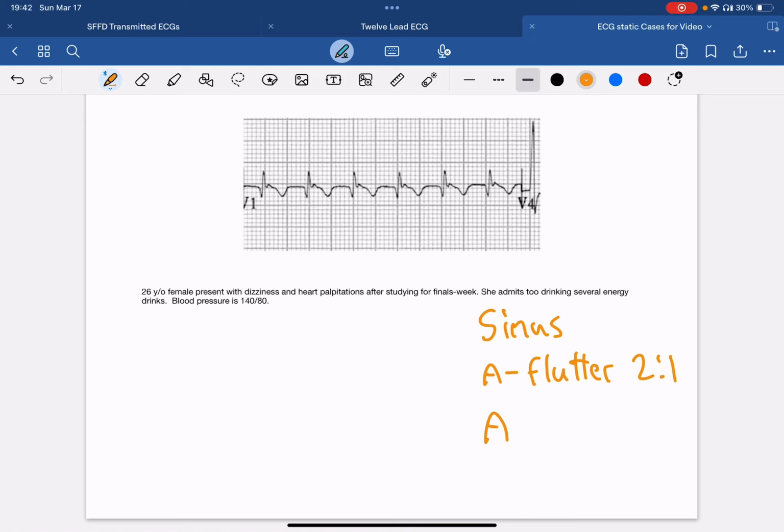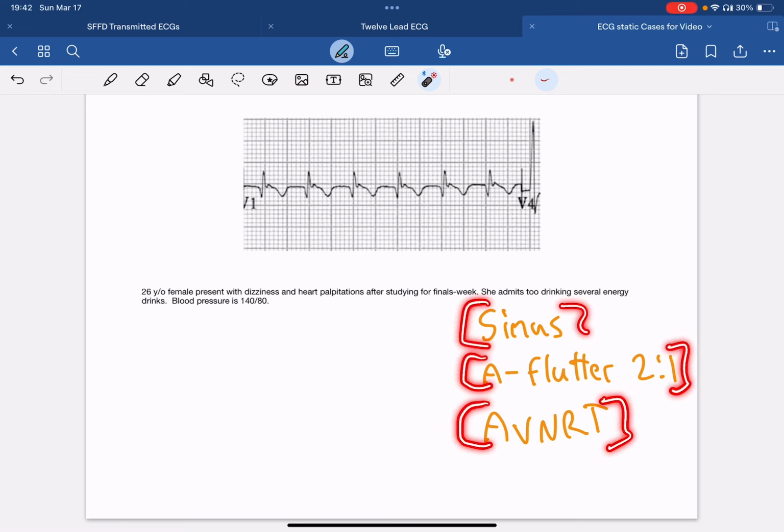And then we have our AV nodal reentry tachycardias. The blanket term for this one is usually referred to as SVT. So in order to figure out what this is, we're going to need to start taking some of the criteria that either rules in or rules out these differentials that we have here and see if it matches up.